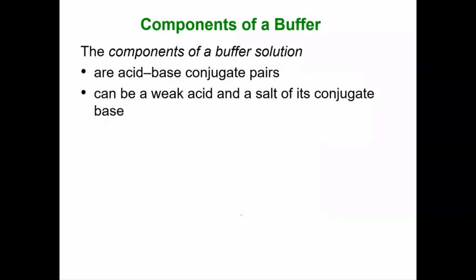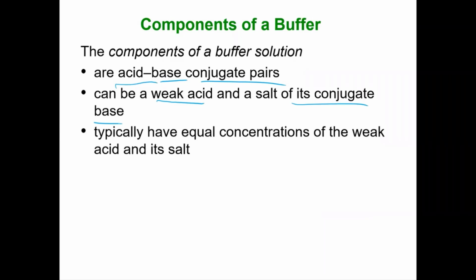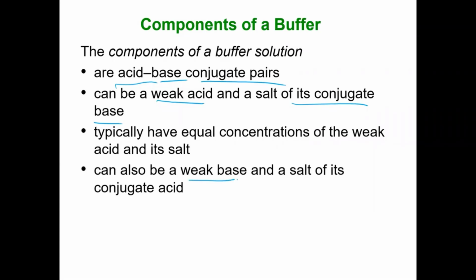So what are the components of a buffer and how does it do this? They're acid-base conjugate pairs. So to have a buffer, you need a weak acid and its conjugate base, and you typically have equal amounts of it. The other option is you could have a weak base and its conjugate acid. But again, you're going to have equal concentrations.